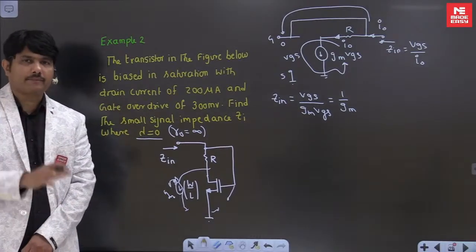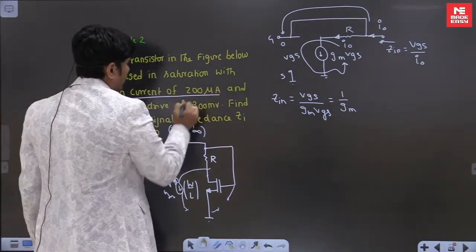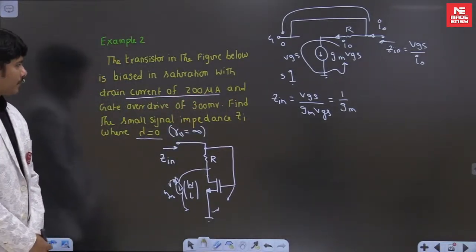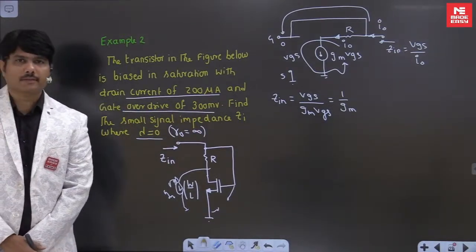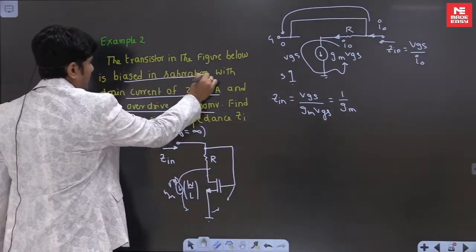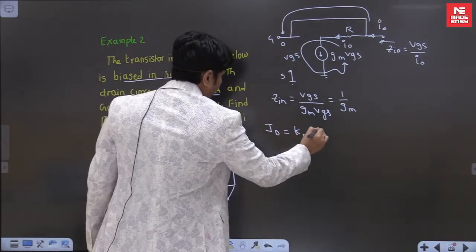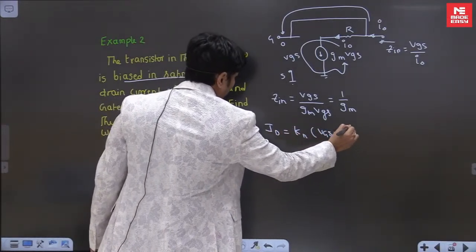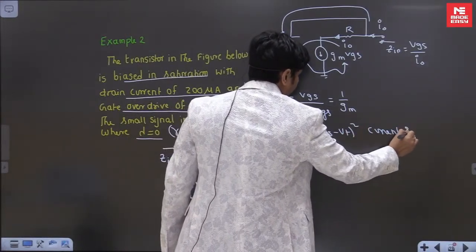For that they have given some sufficient data. Can you see here, he has given ID current, DC current 200 microamps, and he said the overdrive voltage is 300 millivolts. Please understand the data. If it is in current saturation, he said, so ID can be written as Kn into (VGS minus VT) whole square. This is a current saturation equation, everybody knows.